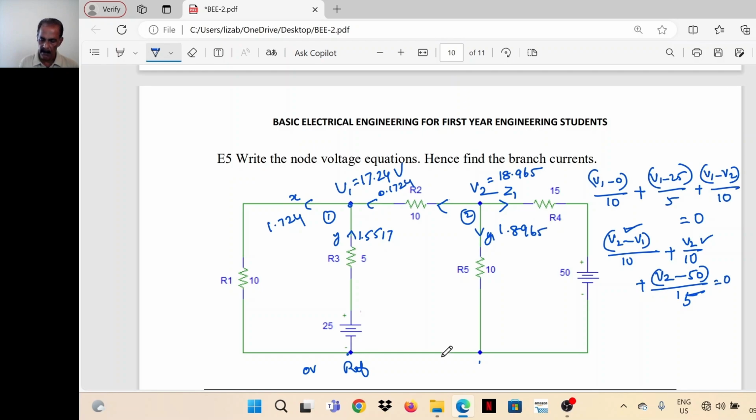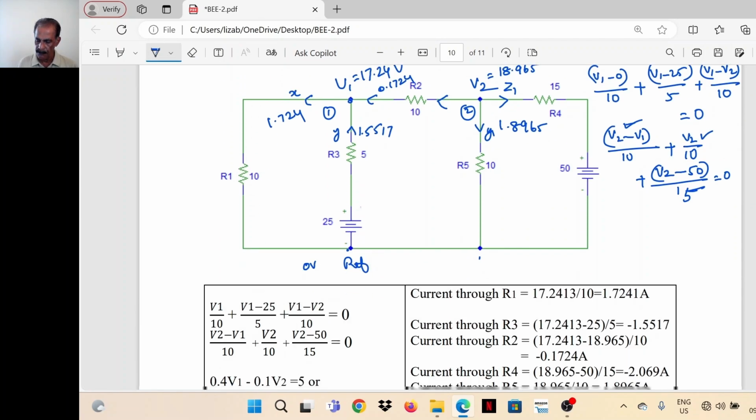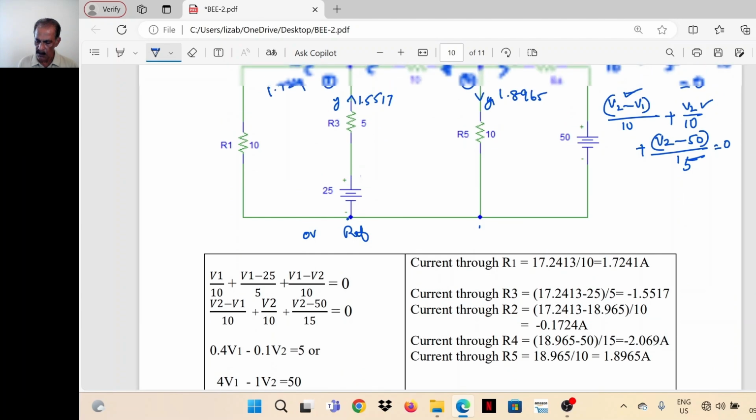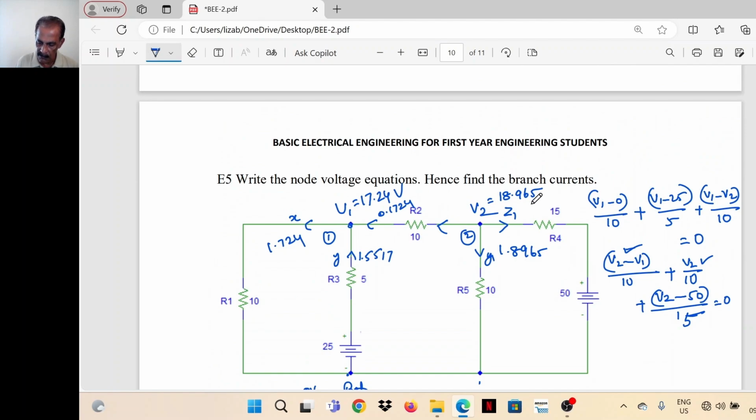1.8965 is coming down. So Z1 can be found by adding these two. This is outgoing, this is also outgoing, so Z1 is an incoming current. Z1 is 18.965 minus 50 divided by 15, that is 2.069 is the value of current.